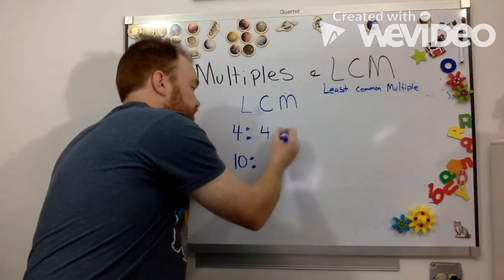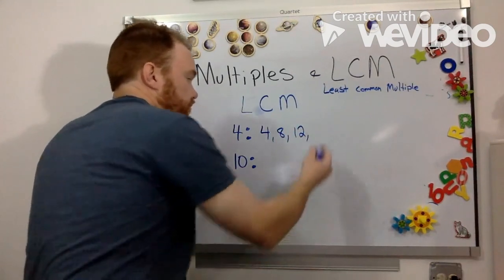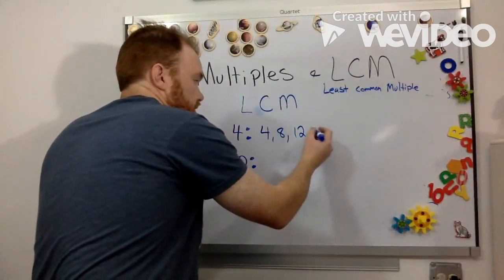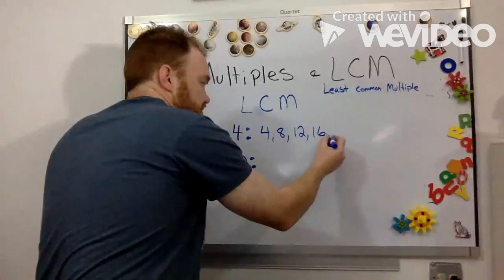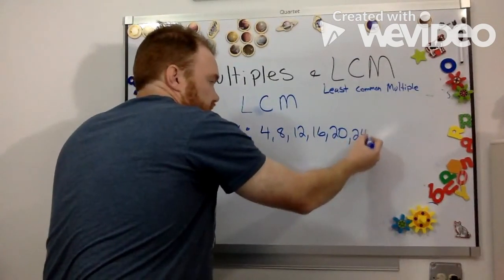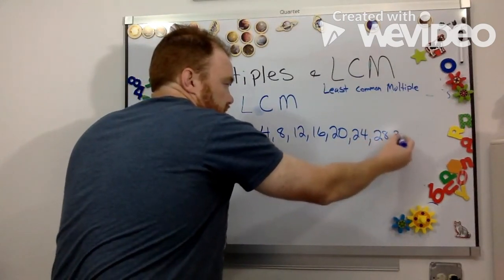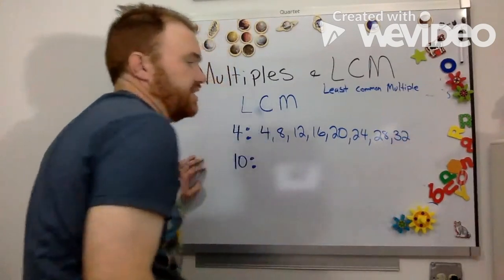Multiples of 4: 4, 8, 12, 16, 20, 24, 28, 32. Okay, I'm going to stop there.